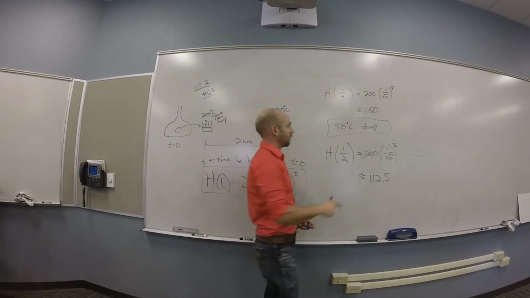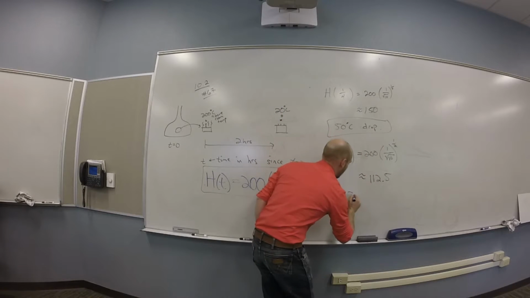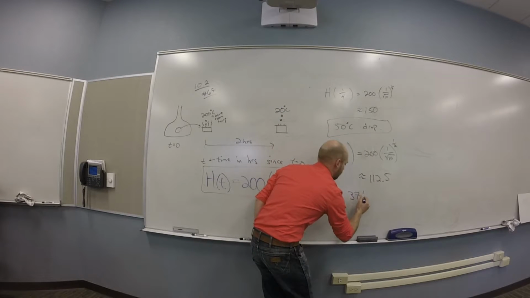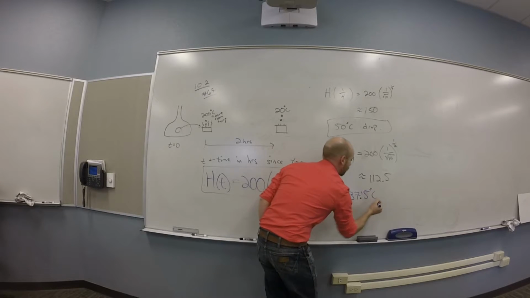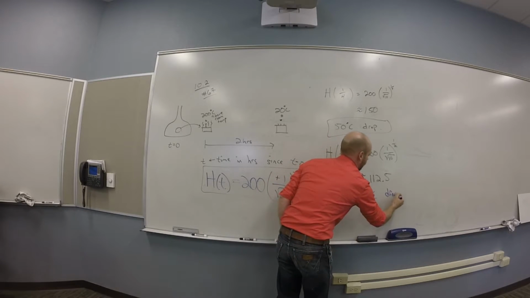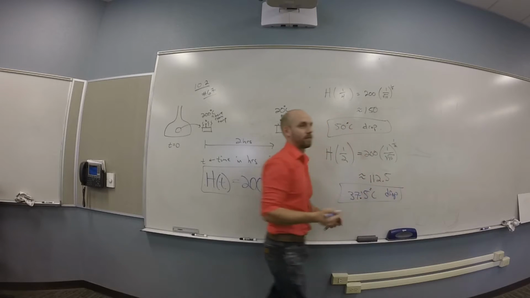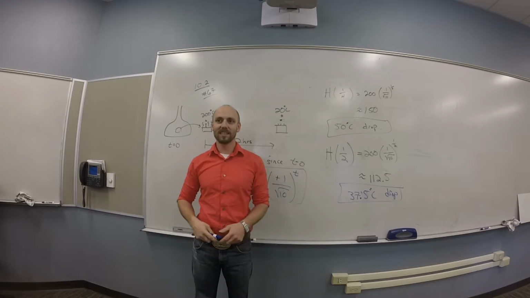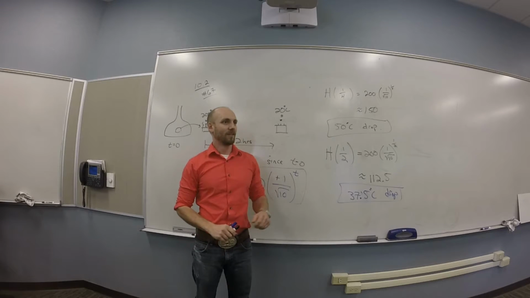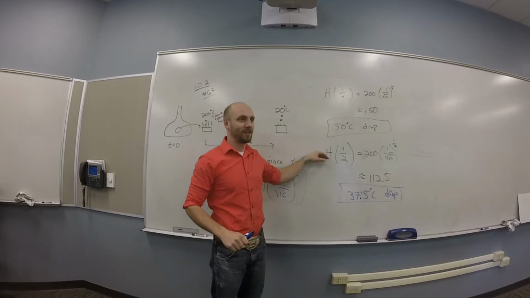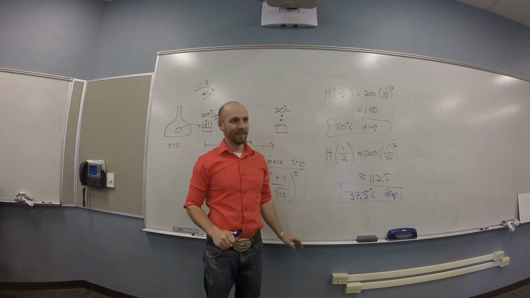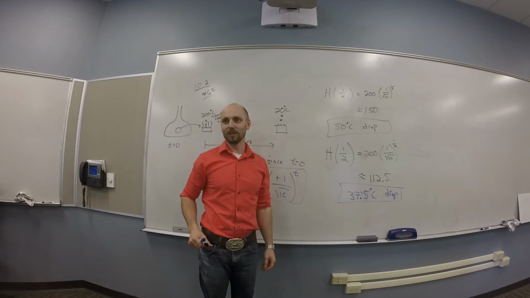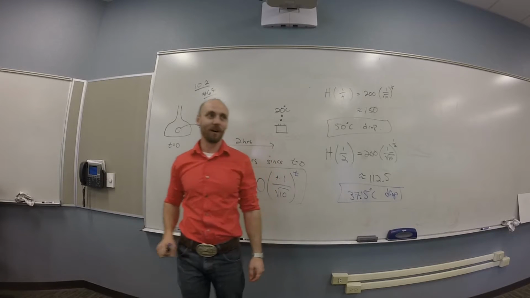It's 37.5 degrees centigrade drop. You guys see why it's crucial that it drops less? Yeah, because it's slowing down. If it dropped 50 degrees every quarter hour, it wouldn't take long for this thing to reach absolute zero, and that would be a little bit bizarre.